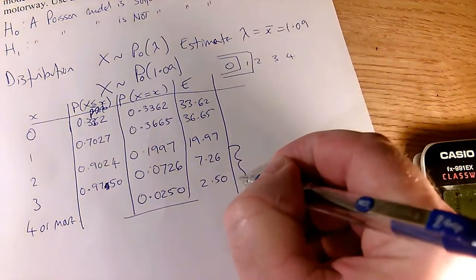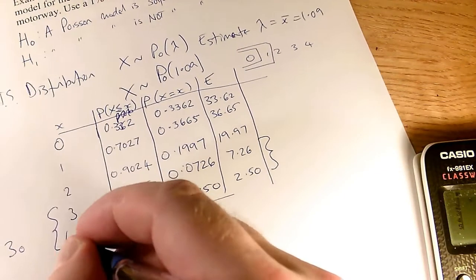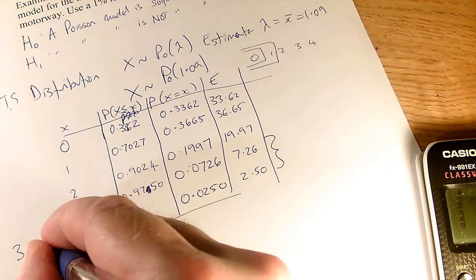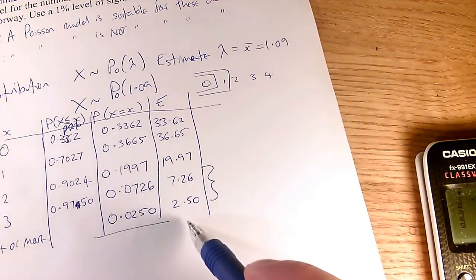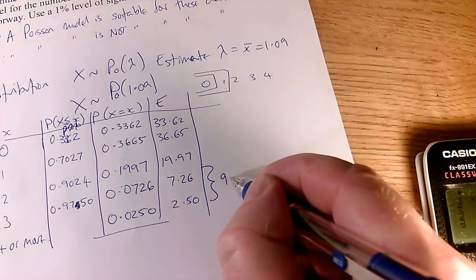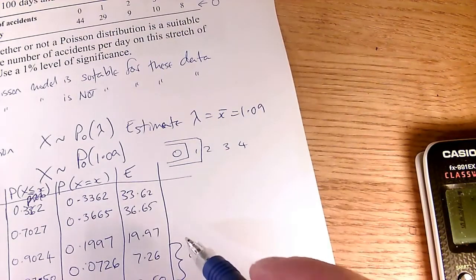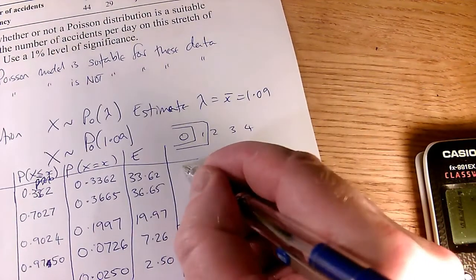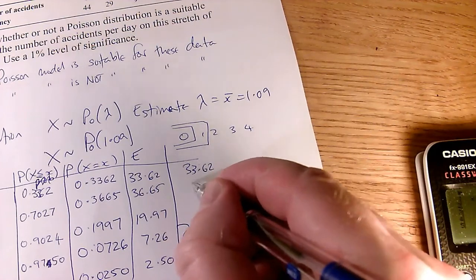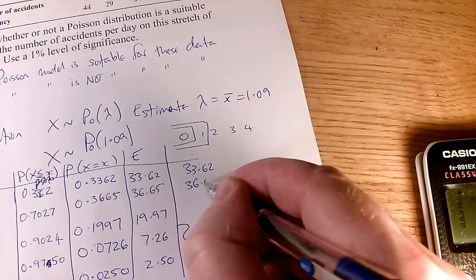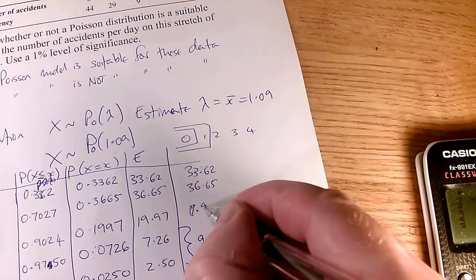So we're going to pool these two. So these categories are going to become 3 or more. So my last category is now going to be 3 or more. And my expected frequency for that is going to be the total of these, which is 9.76. So I'm now down to 4 cells. I've got 33.62. So the number of cells is how many cells you end up with after pooling categories. And it's 4, 19.97.